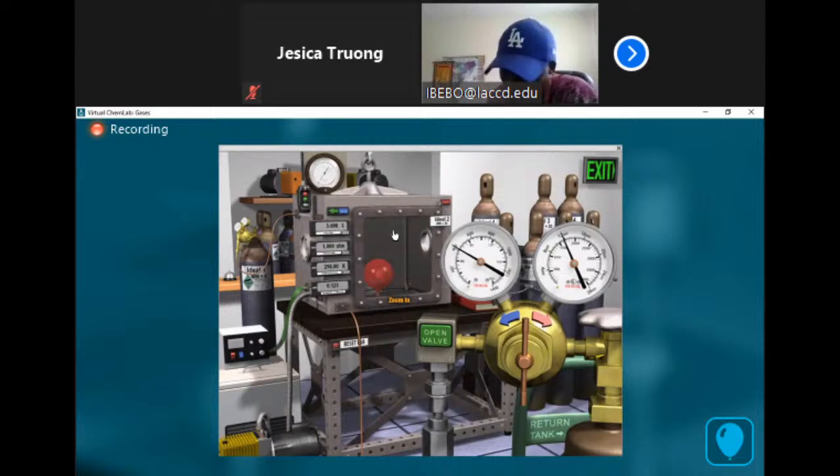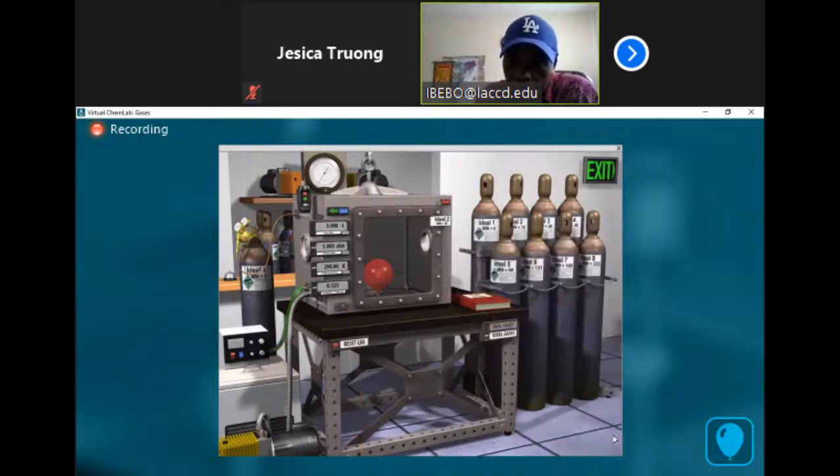Okay. All right. So then it says add an amount of your choice, but do not fill the balloon too full, since you will be adding 2 additional gases. Then it says return to tank. You see where the return to tank button is; if you click on that, it looks like somebody's moving gas tanks.